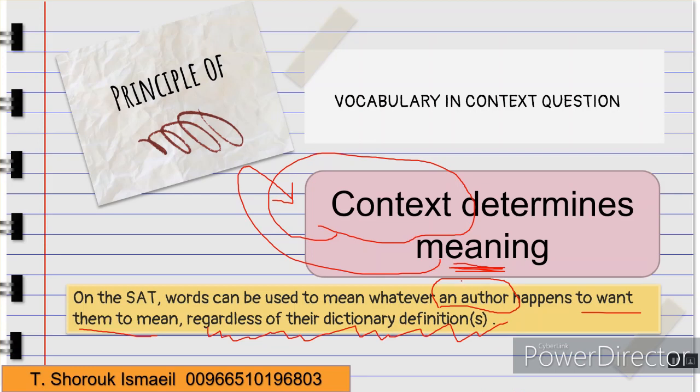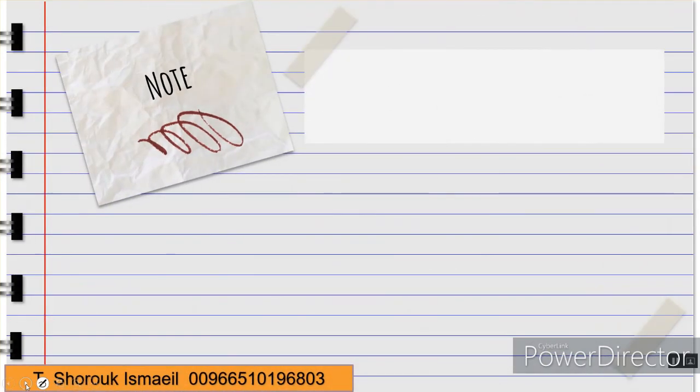I'm asked about how the author used this word, and it's very important to notice this. It's not according to the definitions in the dictionary. So nice. Let's continue. Now we have a note.